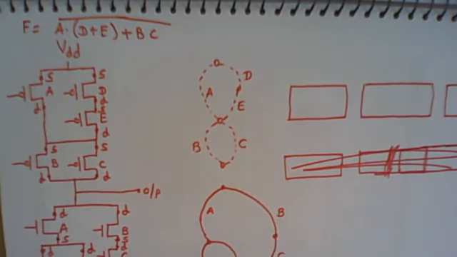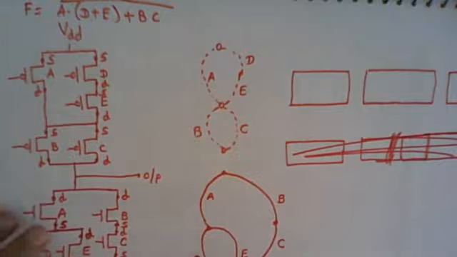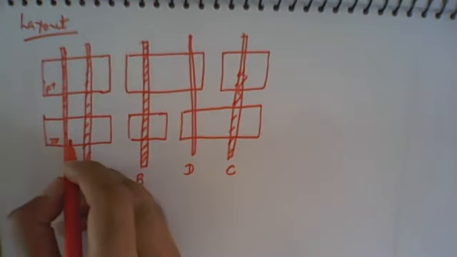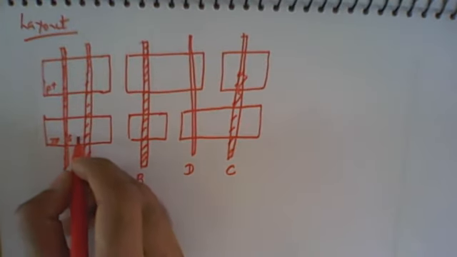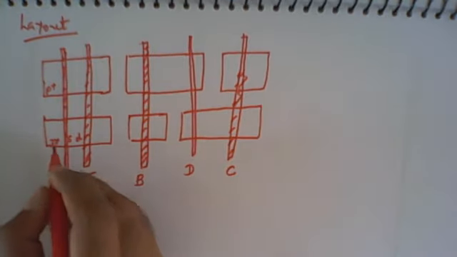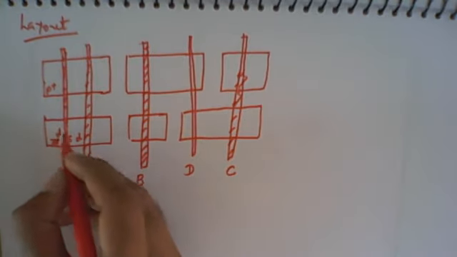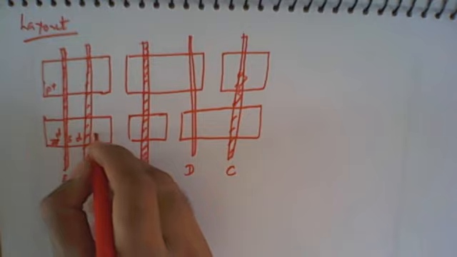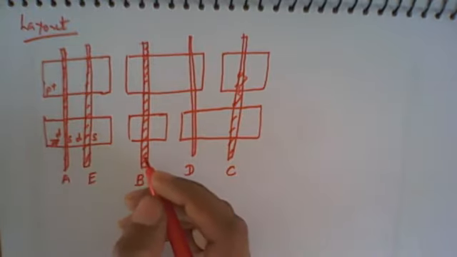Now let's see the drain terminal of A and the source terminal of A. The drain terminal of E are short circuited, right? So we can say this is the source terminal of A, this is the drain terminal of E. So remaining, by default, is the drain of A and this one is the source of A, right?